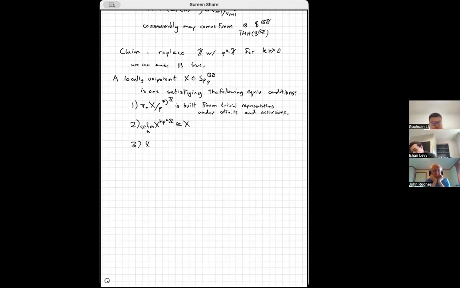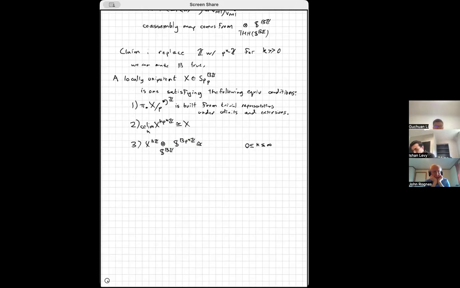Okay, so the third condition is that if you take x and you take the fixed points by Z, that's a module over the sphere, and you take the fixed points by the trivial action, and you can base change to the sphere to some subgroup. And I'm going to allow k to be possibly infinity, in which case the subgroup is just the zero subgroup.